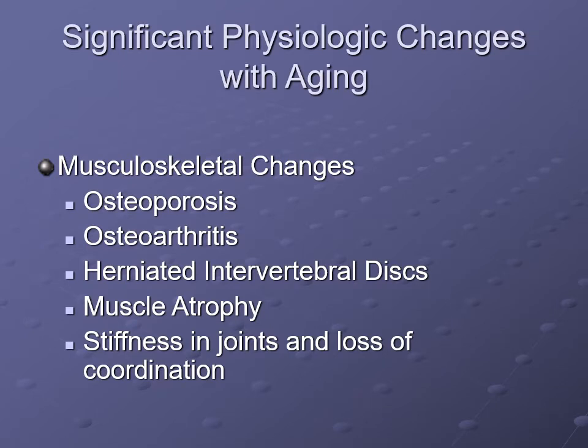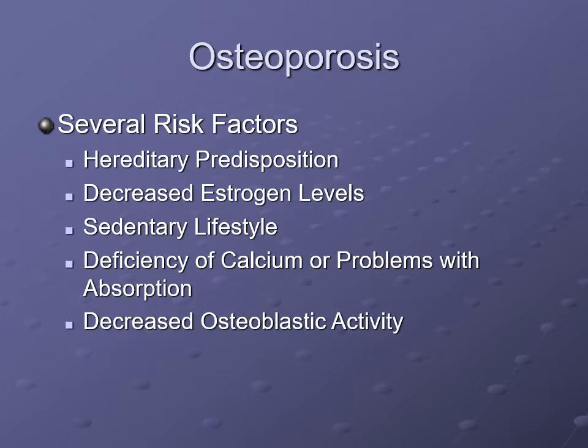More changes, and this is involving the musculoskeletal system: osteoporosis, osteoarthritis, herniated intervertebral disc, muscle atrophy, which is normal in aging, and stiffness in joints and loss of coordination.